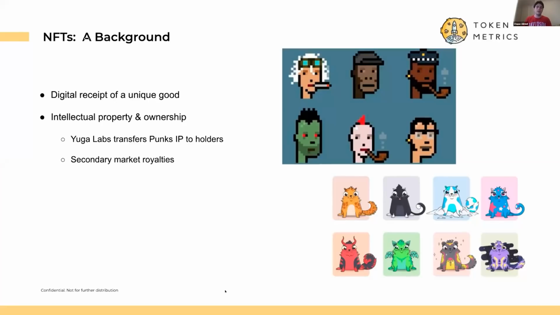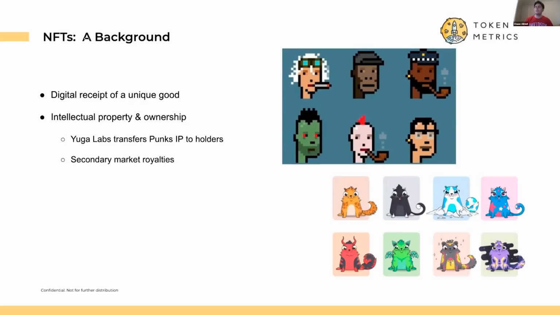Second thing I want to talk about is the secondary market royalties. So if I'm an artist today, I have to go sell my art at Sotheby's, and I get one lump sum payment for my art, and that's all I get forever. If I'm making my art as an NFT, I can program into the smart contract, I want 5% of the purchase every single time this is sold. So in theory, I could be making money off this piece of art that I made yesterday forever, or my descendants could be making money off of that.